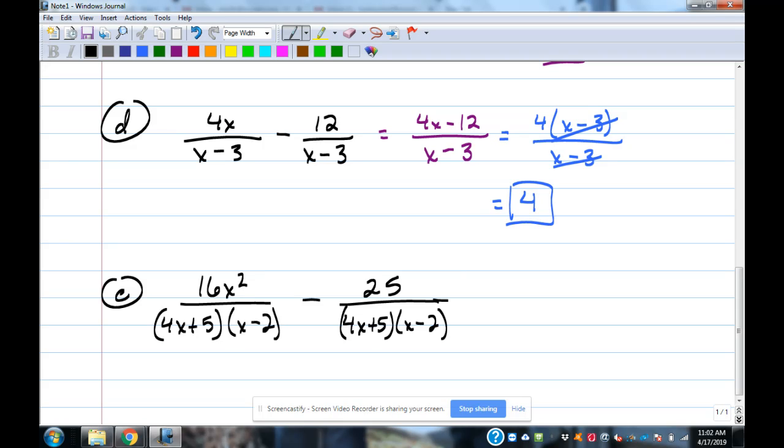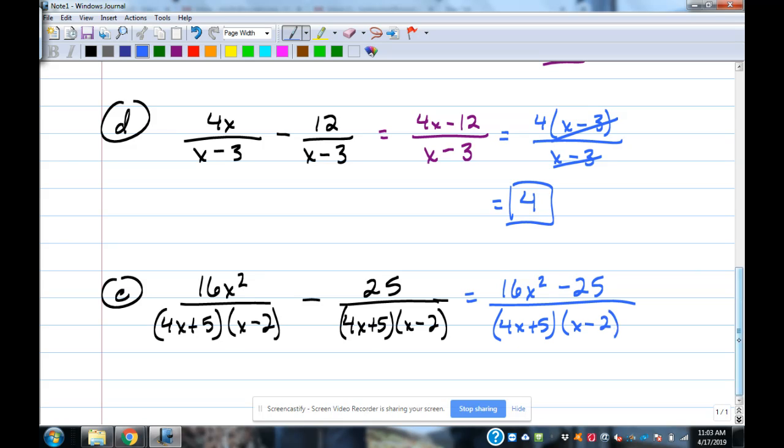It's still the same, right? We've got a 4x minus 5 times an x minus 2. The other denominator has a 4x minus 5 times an x minus 2. So the denominator is already common. It's the same. So we're going to do the math up top, right? 16x squared minus 25. And nothing changes about that denominator.